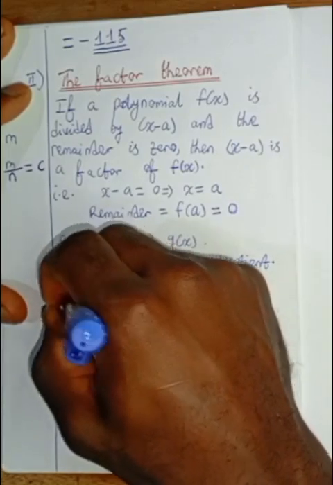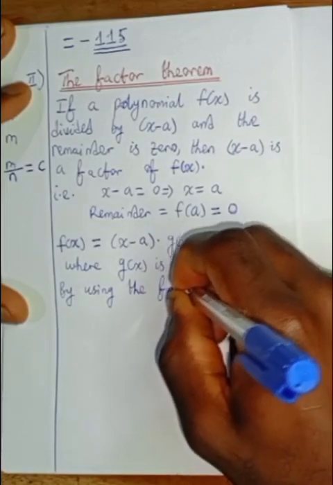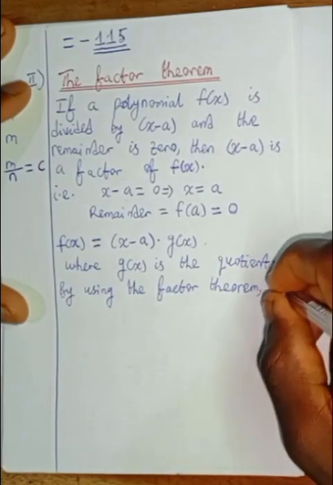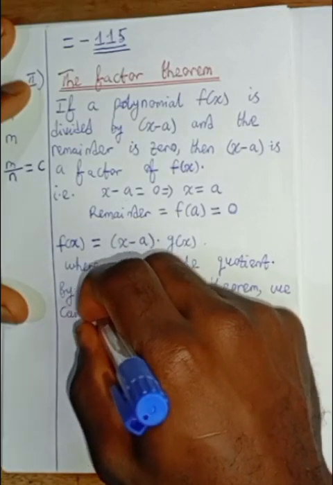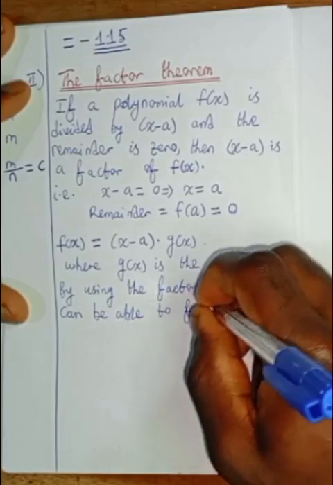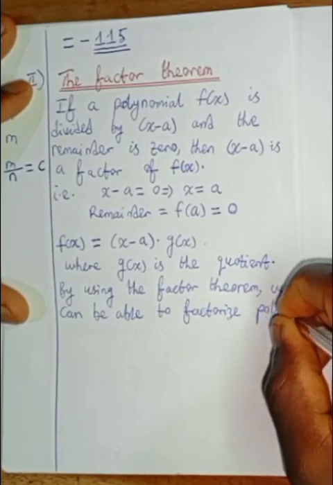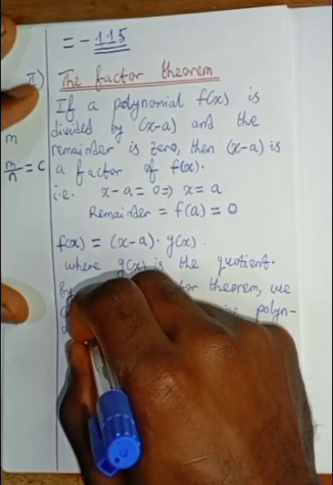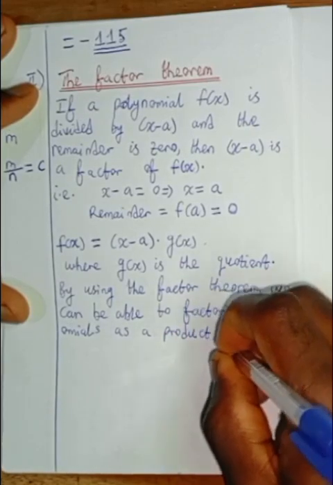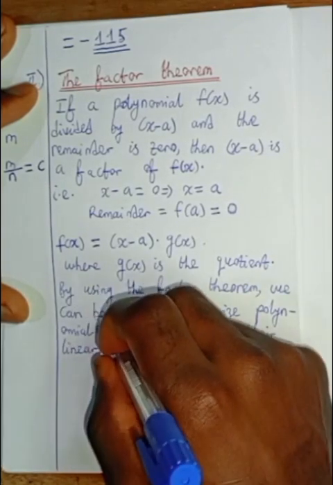If we take this down, by using the factor theorem, we can be able to factorize polynomials as a product of their linear factors.